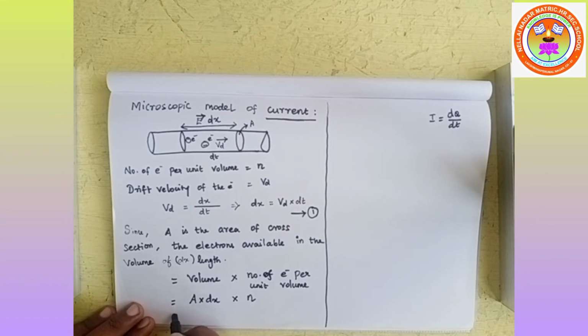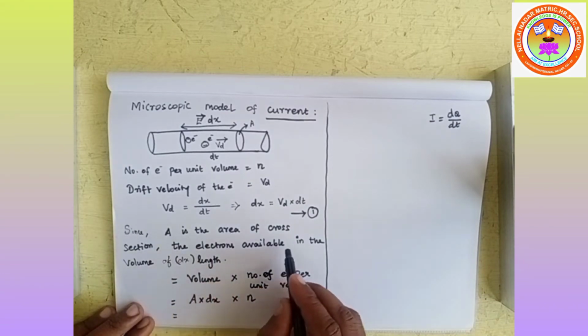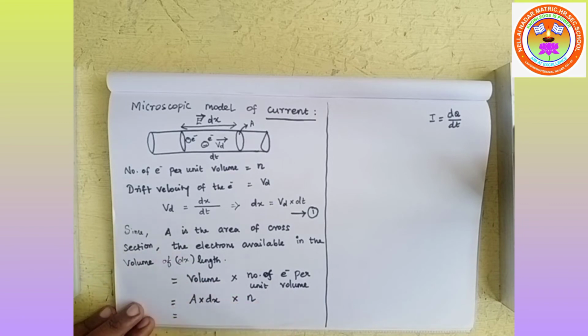You know the area and distance, so volume is equal to area into distance. So the electrons available in the volume of length dx is n into A into dx. Okay students, this is equation number 2.